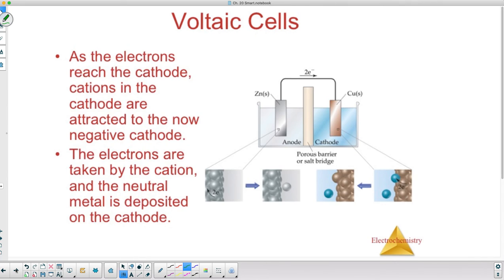Cations in the cathode are attracted to the now negative cathode, now negative because the electrons are moving towards it, which then attracts the Cu plus 2 cations. Obviously, they pick up 2 more electrons, and that changes this from a plus 2 to 0, which is what copper metal is, and then they deposit on the cathode. So the electrons are taken by the cation, and the neutral metal is deposited on the cathode.